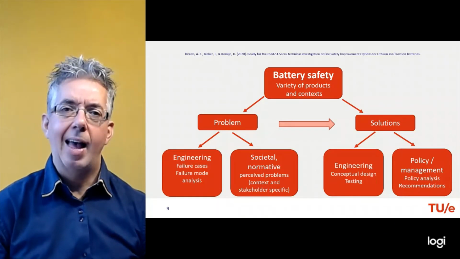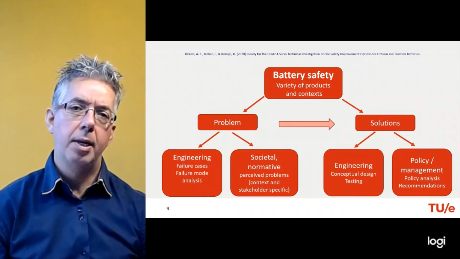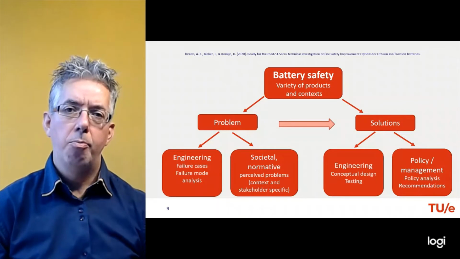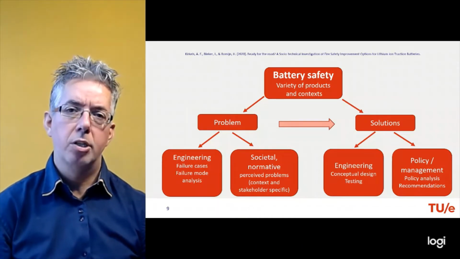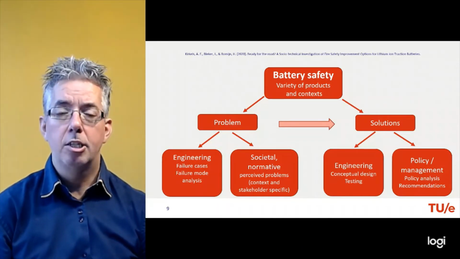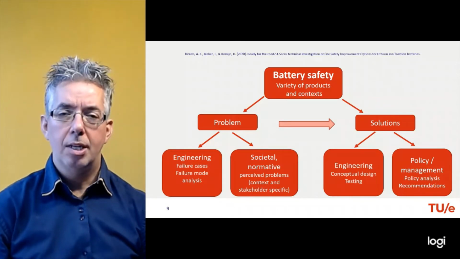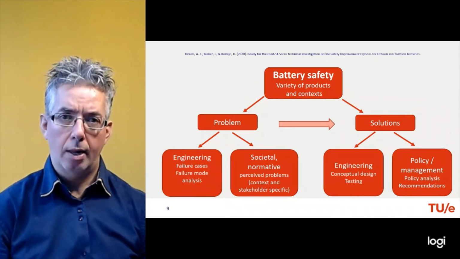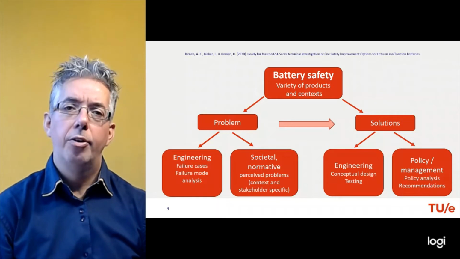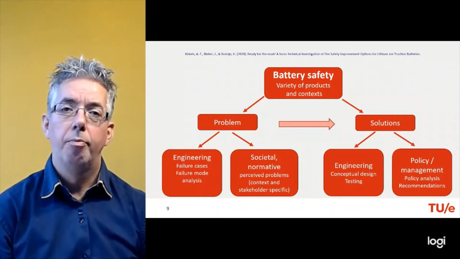How do people handle products? What's their responsibilities and roles? And how, by those roles, can you improve product safety? For example, by having additional policies. So you can see the different concepts as well as the variables and the fields that it draws upon.